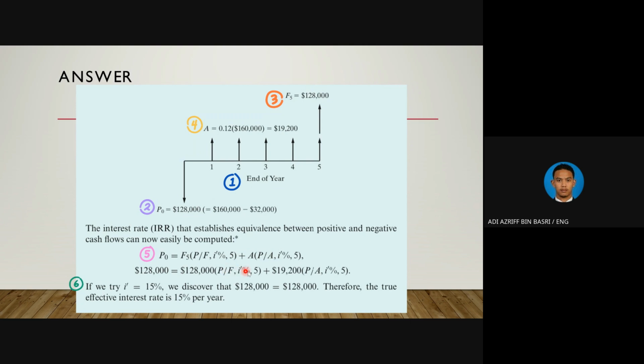Use the P over F formula, and 19,200 is an annual, or A, P over A. So in this case, this is your formula. You need to try to find which i%. For example, at 15% we discover 128,000 is equal to 0. So therefore, the true IRR is about 15% per year.